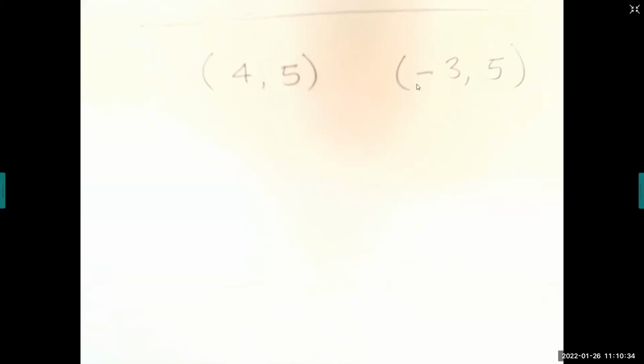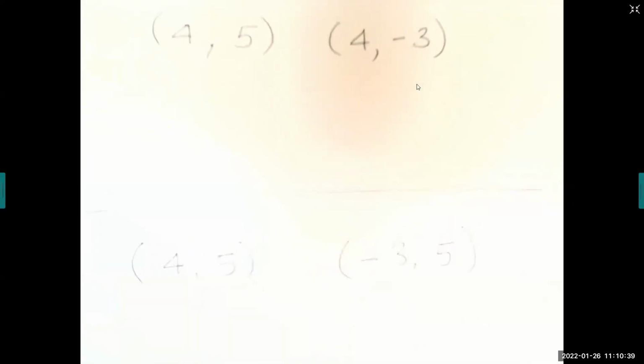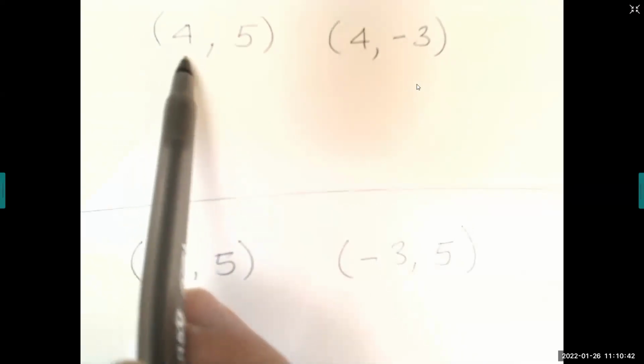Can you see? Okay, the first point is 4, 5, and the second is 4, -3.